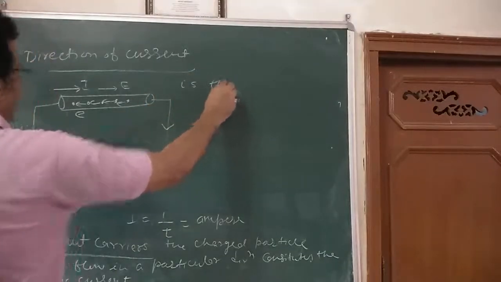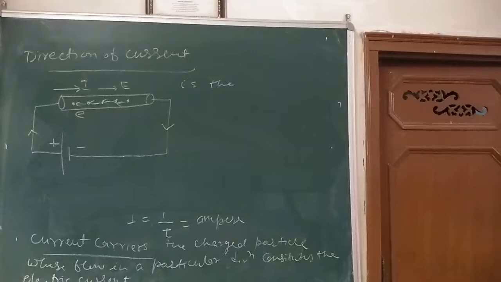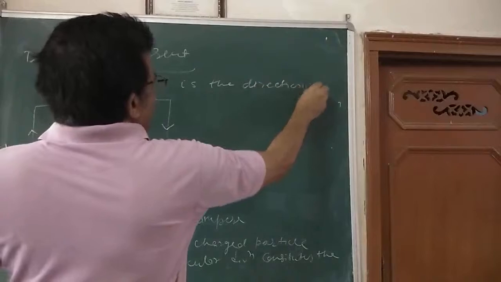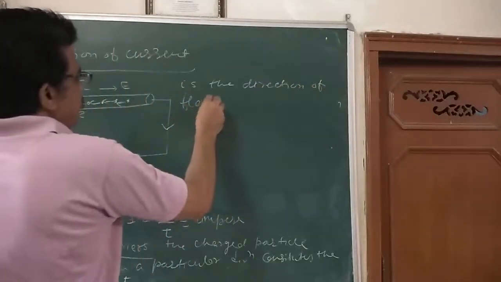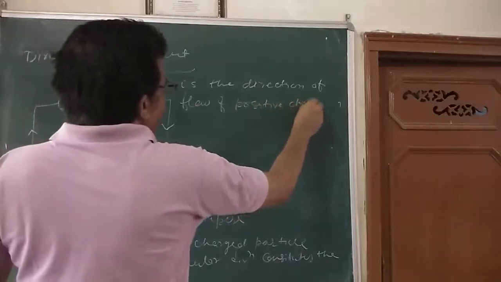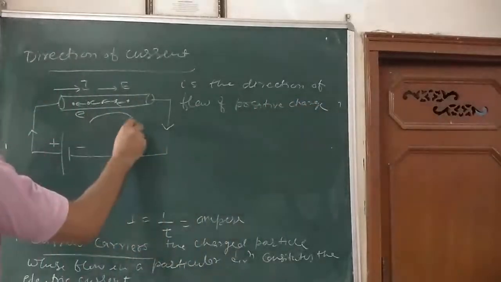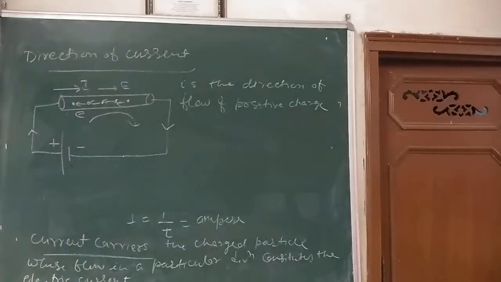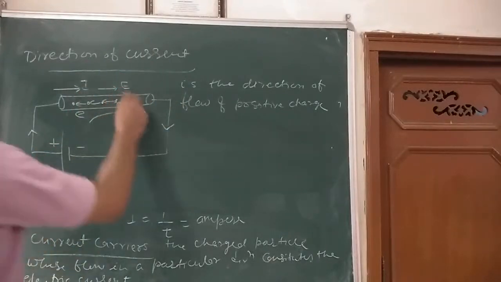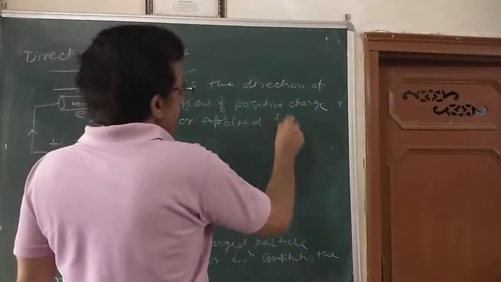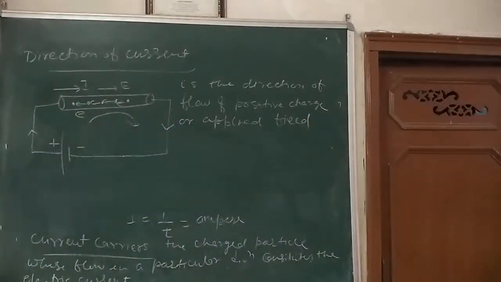So direction of current is the direction of flow of positive charge. Positive charge is moving in this direction towards the negative end of the cell. So it is the direction of flow of positive charge, or applied field.